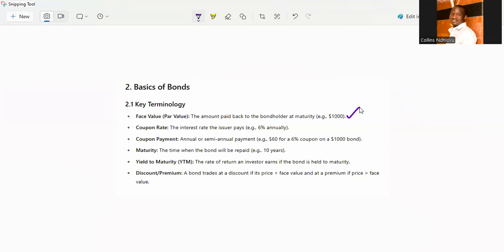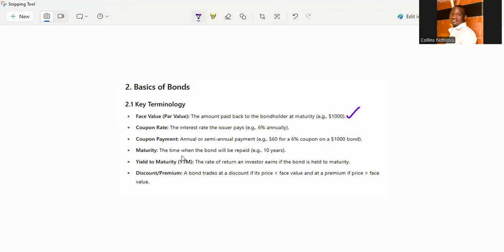Then the coupon rate is the interest rate that the issuer will pay. It can be, say, 6% annually. The coupon payments can be paid either annually or semi-annually, semi-annually meaning twice in a year, annually meaning once a year. And the maturity is the time when the bond will be repaid, say 10 years.